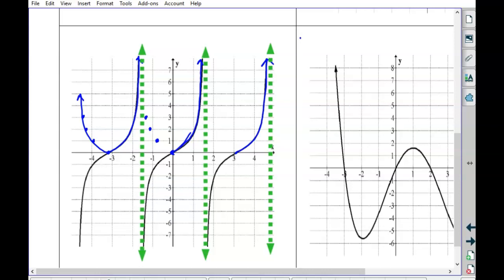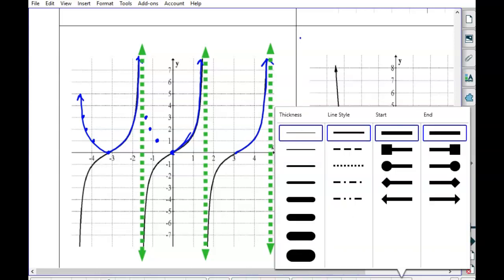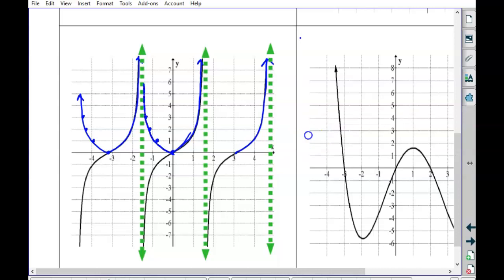So because this is approaching that asymptote down here, it's going to approach it up here. That was a little bit off. Again, my smartboard is off. So then -1 becomes +1, -2 becomes +2, -3 becomes +3.